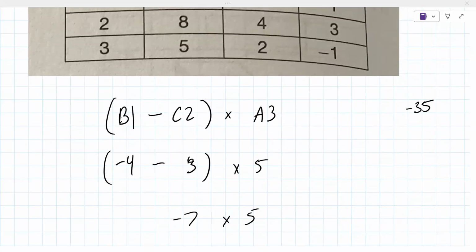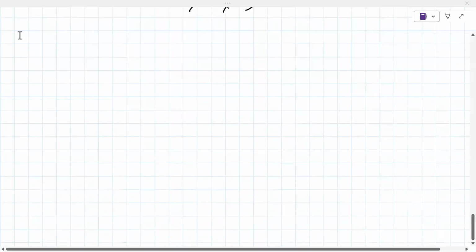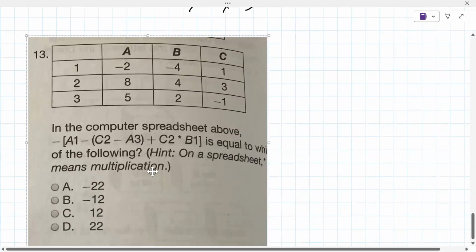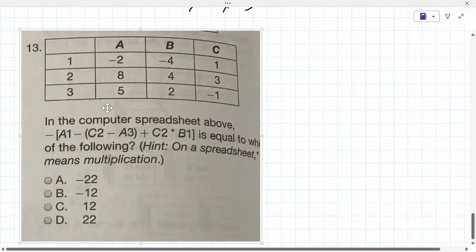Yeah. All right, let me snip it in here, and it's got a bit more to it, but it's the same table. You just have to grab a few more values and then simplify here. So you can see here it's negative parentheses A1 minus parentheses C2 minus A3 plus C2 times B1.